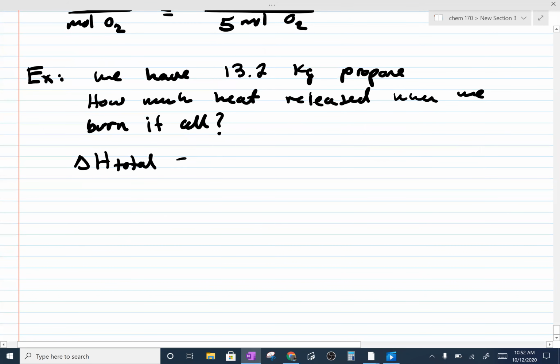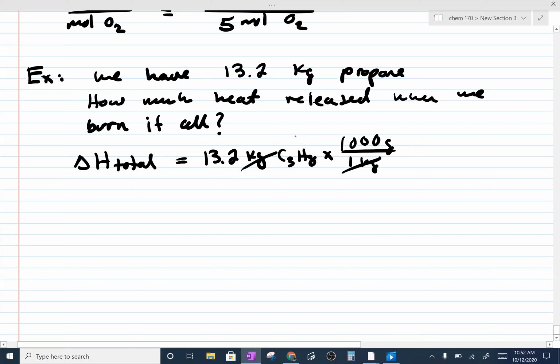So we have 13.2 kilograms of propane. We're going to multiply this by the conversion factor for grams to kilograms. So this is 1,000 grams divided by 1 kilogram. Kilogram cancels out. Now we're in grams.